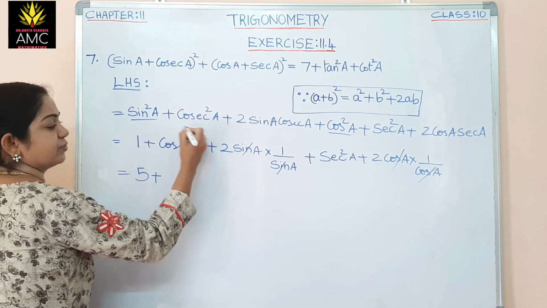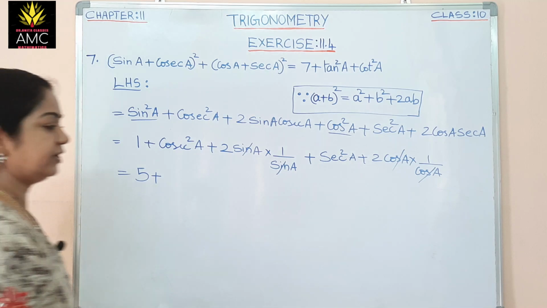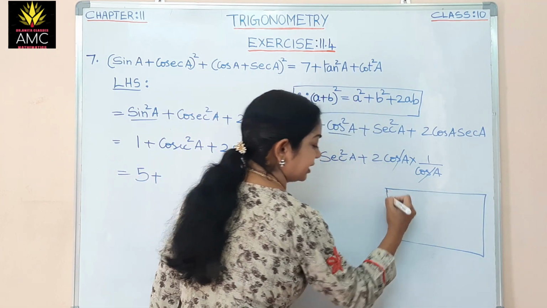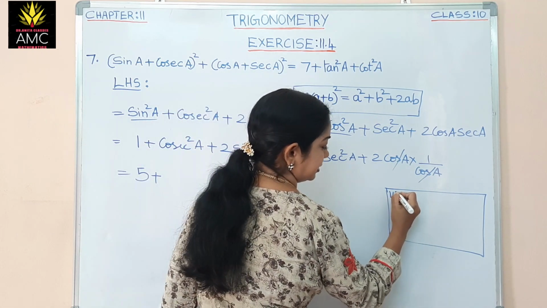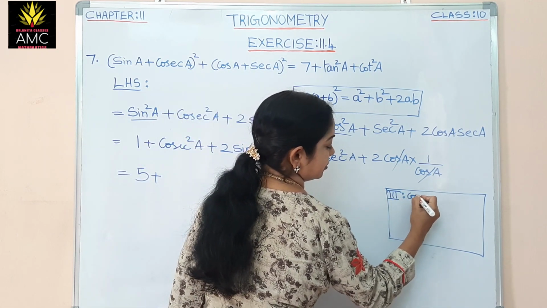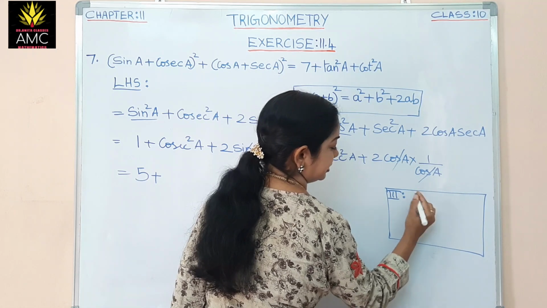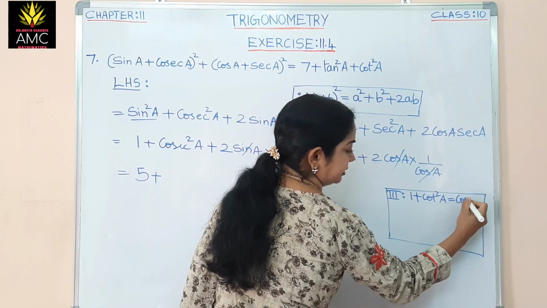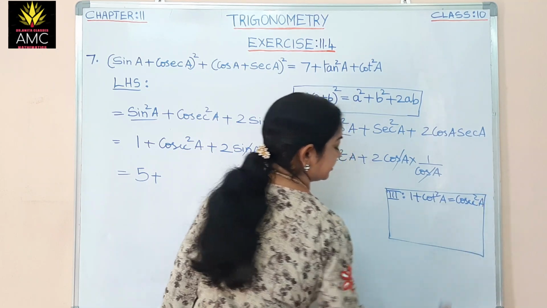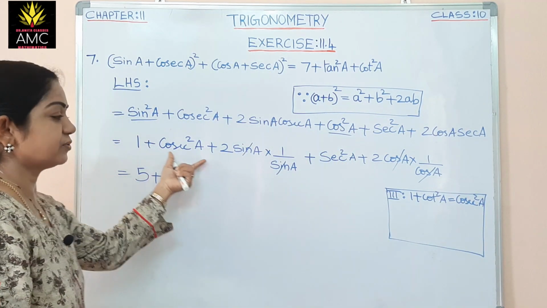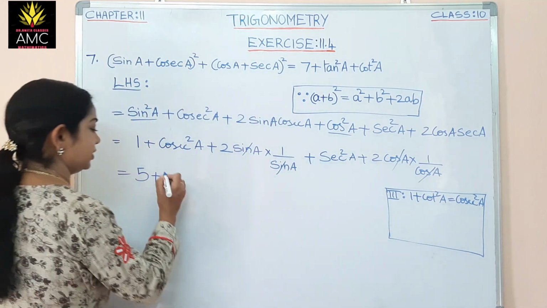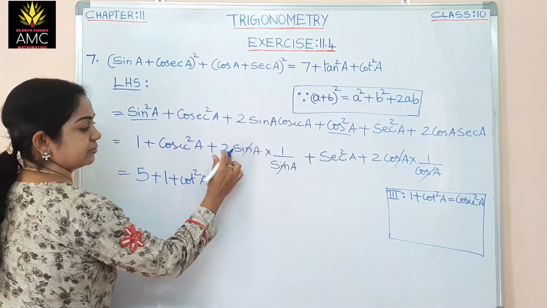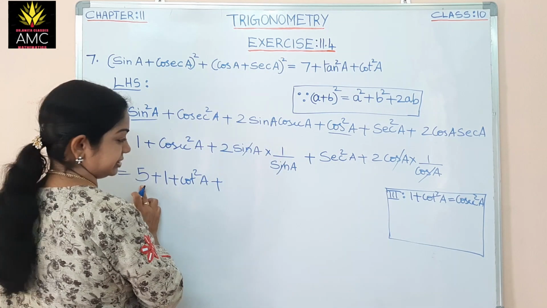Plus, instead of cosec² A, now we know cosec and cot are involved. That is the third identity, isn't it? Let me write the identity: 1 + cot² A, or theta, anything, is equal to cosec² A. So instead of cosec² A, I'll replace it with 1 + cot² A. Now this 2 and 1 and 2, we have written as 5.